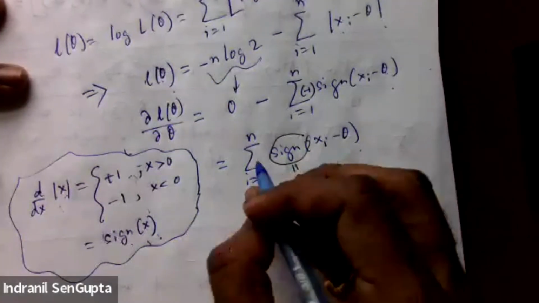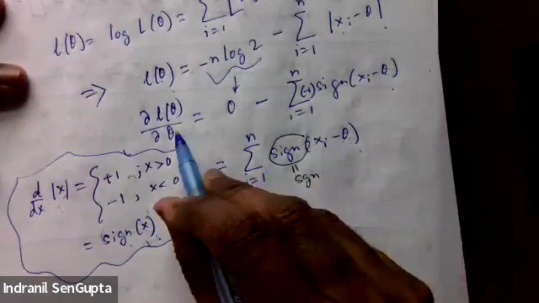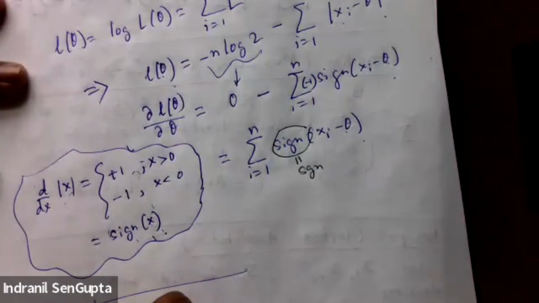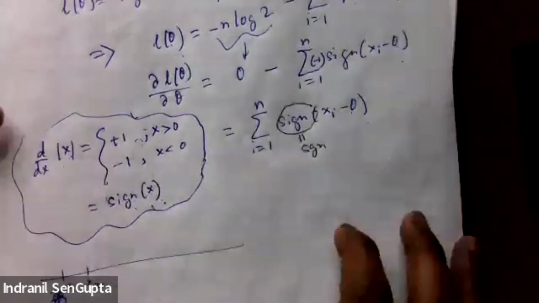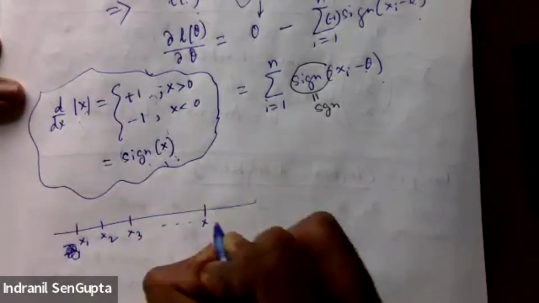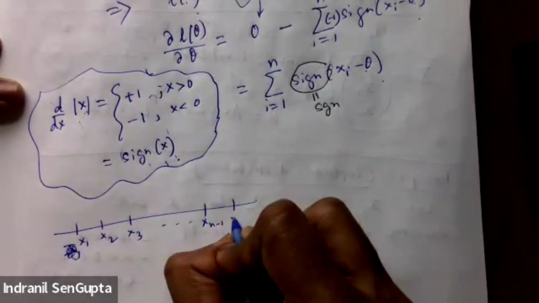What we want to do is find a value of theta for which this equals zero. Now look at this. So the sample values are x1, x2, x3, up to xn minus 1, xn.